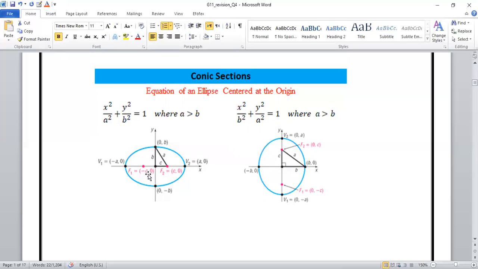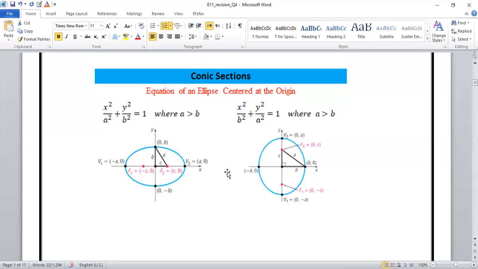In the first case, the major axis is on the x-axis, so we put x above a, x squared over a squared plus y squared over b squared. In the second case, the major axis is on the y-axis and the minor axis is on the x-axis, so we put y squared above a squared. So the equation is x squared over b squared plus y squared over a squared equals 1. This is the general form of the equation of an ellipse.